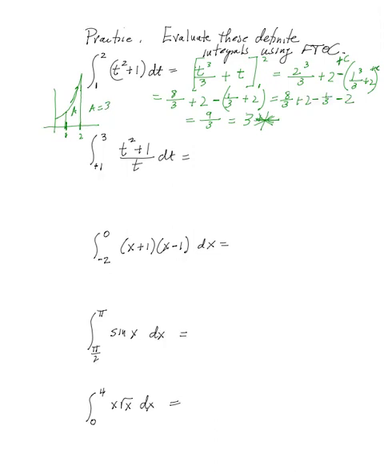Do this next one. The integral from 1 to 3 of t squared plus 1 over t dt. Now there's some algebra you'll want to do first before you start your anti-differentiating rules. I'll give you a minute to try to figure out that algebra, so work on this, please.